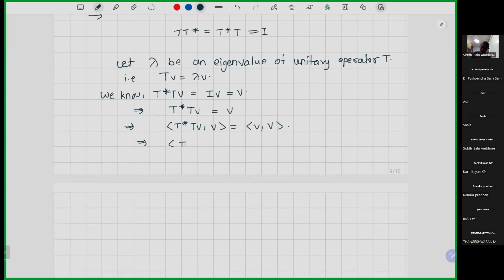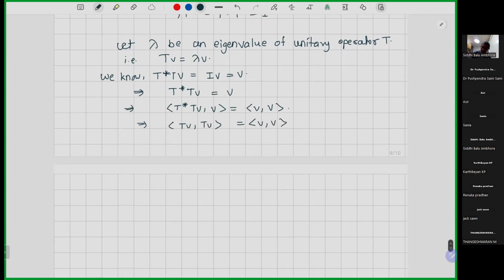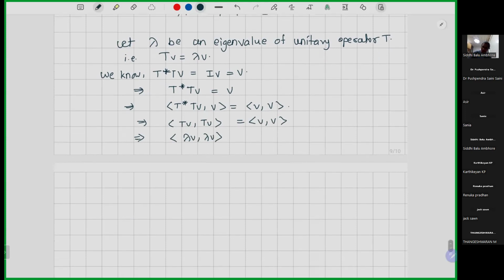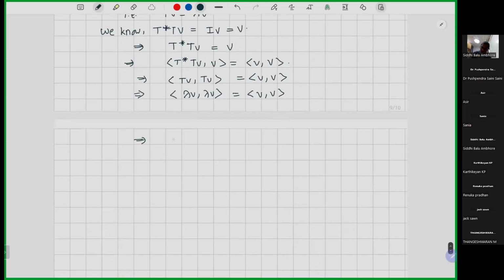So this will give me TV comma TV is equal to V comma V. And this will be equal to lambda V comma lambda V, right? Because V is an eigenvector, is equal to V comma V. And using the properties, we take this lambda into lambda bar, lambda lambda bar V comma V is equal to V comma V.